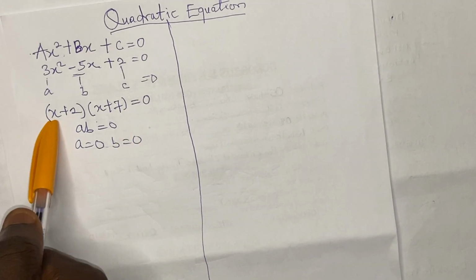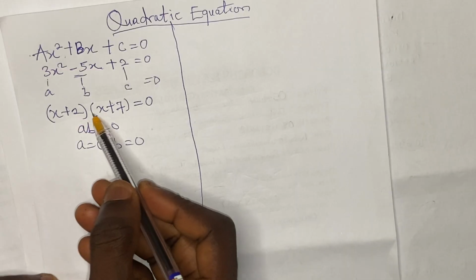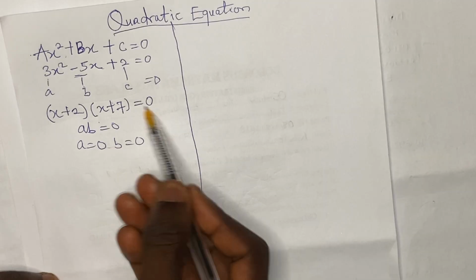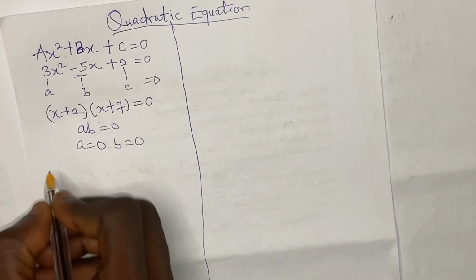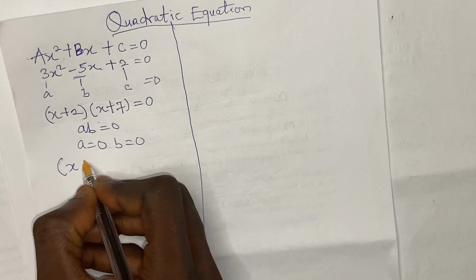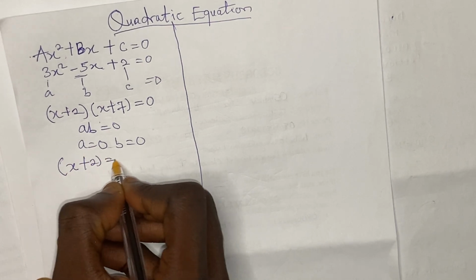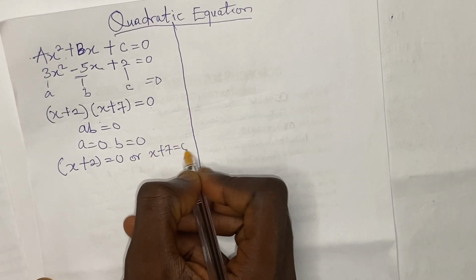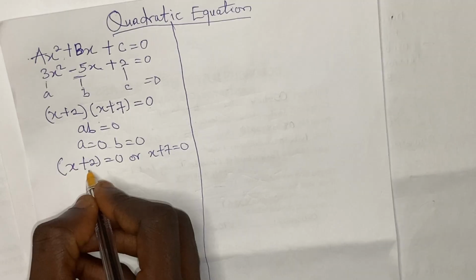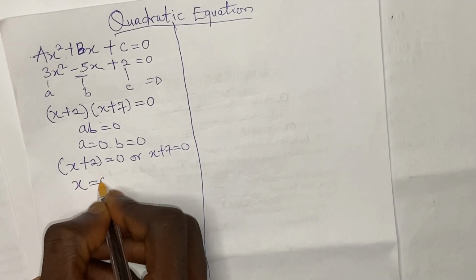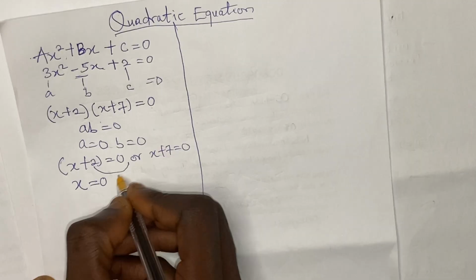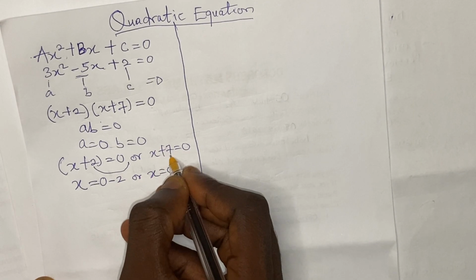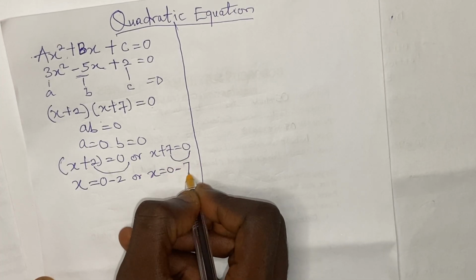So let's come back to our question. (x plus 2)(x plus 7). You can see our a here equals 0, and our b here equals 0. So I will say x plus 2 equal to 0, or x plus 7 equal to 0. So that will be x equal to, if I move 2 to this side, minus 2, or x equal to, if I move 7 to the other side, minus 7.